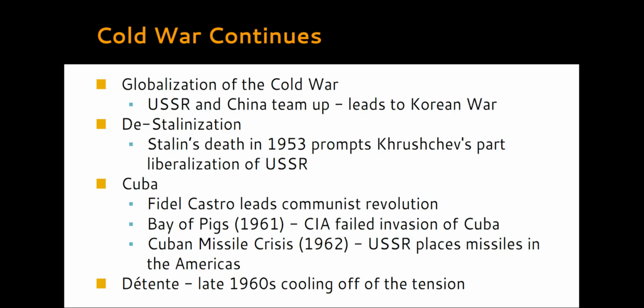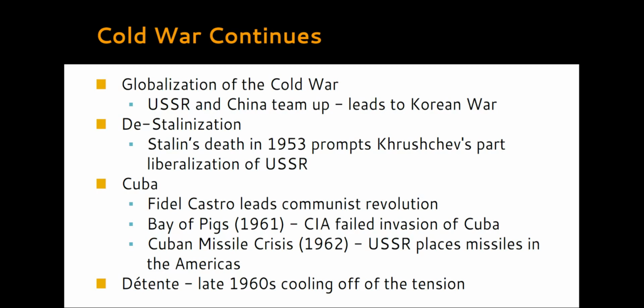In 1962, kind of provoked by the United States' involvement, the USSR is placing missiles in the Americas. Now, the United States has been continuing to grow its nuclear program throughout the 1950s, and they have started to place nuclear weapons around the world.